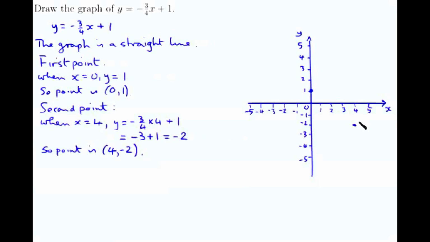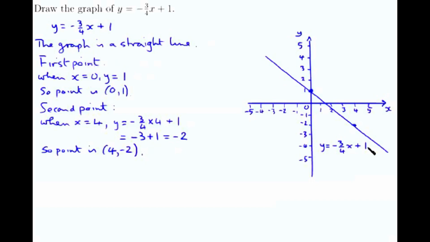And now we join those 2 points by a straight line. And there's my straight line. Okay, let me mark it with the equation of the graph, y equals minus 3/4 x plus 1.